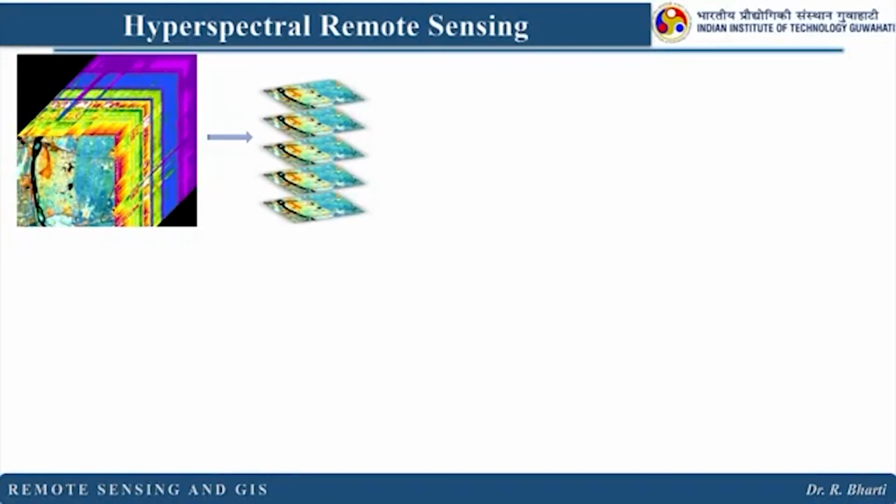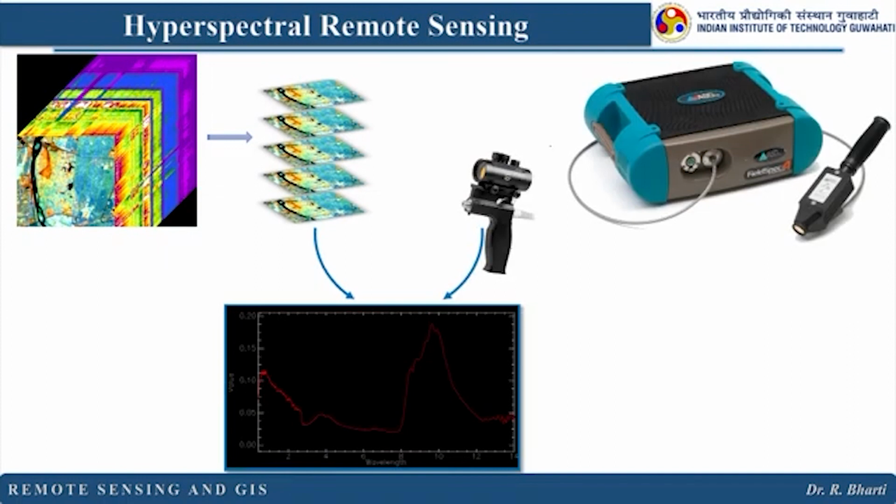For that I have a slide where you can visualize this scenario: you have generated the spectra from this particular pixel, and at the same time you have a spectroradiometer which you can take to your field and identify the location of this pixel on the ground.